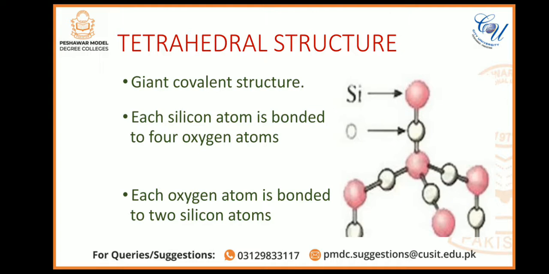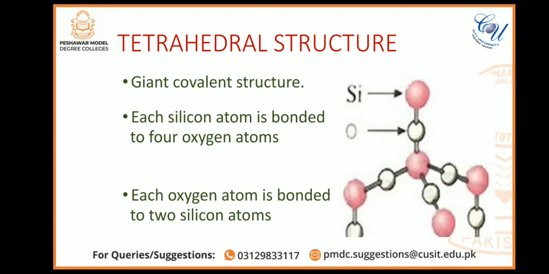Each oxygen atom is covalently bonded to two silicon atoms. The overall ratio is 2 oxygen atoms to each silicon atom, giving the formula SiO2. When four oxygen atoms link with one silicon atom, then a tetrahedral structure is produced.